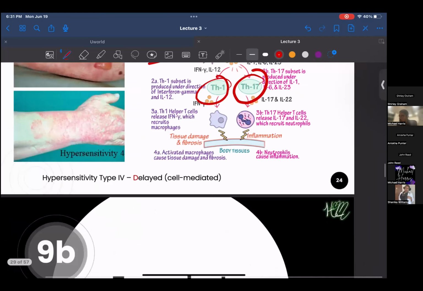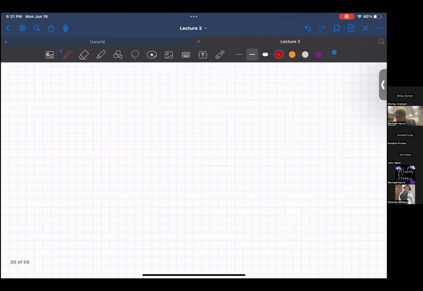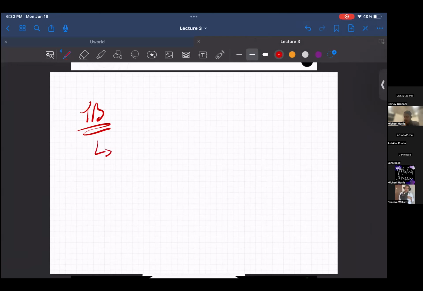Okay. There is one other thing I didn't add in here that I can talk about real quick. The other thing is TB. So, TB injections is also a type 4 reaction because essentially what you're wanting to see is, does this person have a Th1 immune response? Okay.